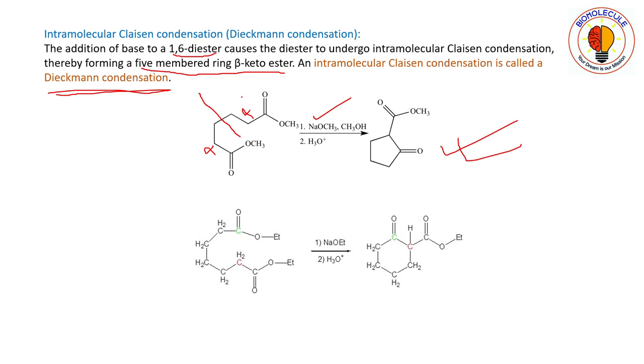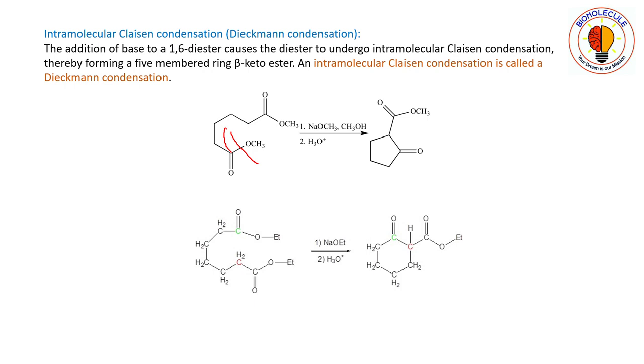So no matter from what ester group you eliminate the alkoxide ion, that is OR minus ion, if I break this alkoxide ion and attach this leftover portion to this alpha carbon, I will get the same product.